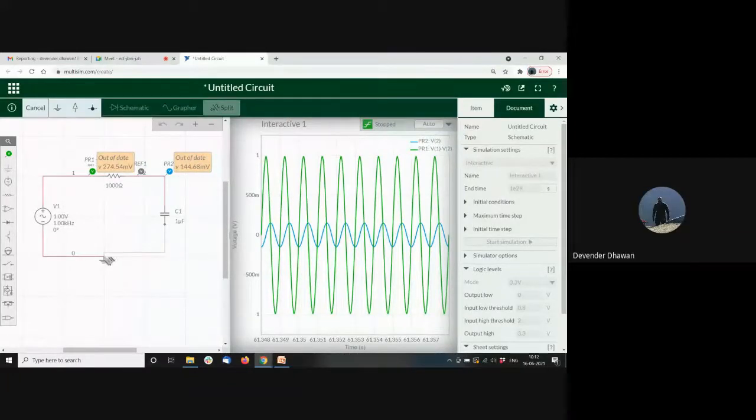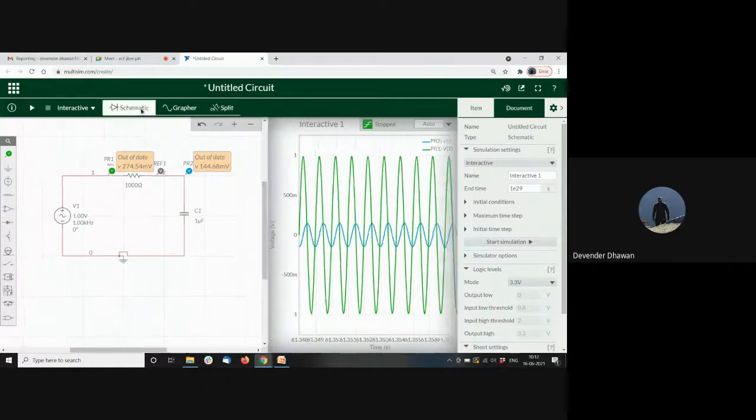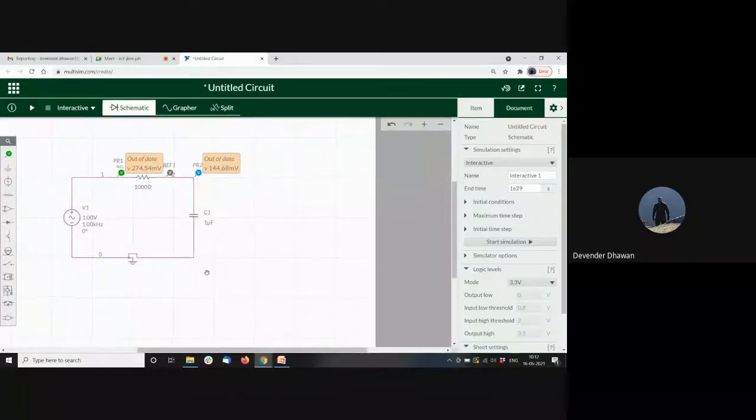So this was our first order low pass and high pass circuit. We can now try to use a second order also. What would happen in second order? Can anyone tell me? One more combination of R and C, sir.